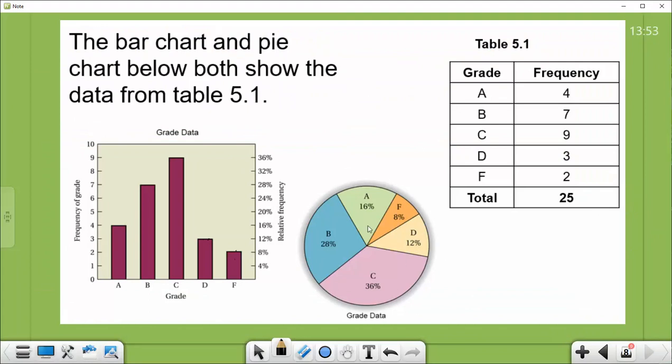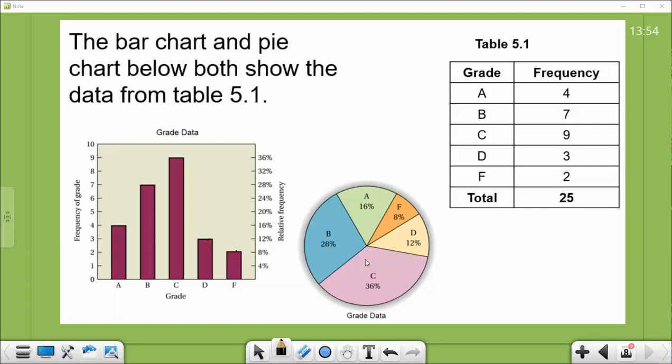So for A's, there was 4 out of 25, which is exactly 16%. So 4 divided by 25 is 16%.